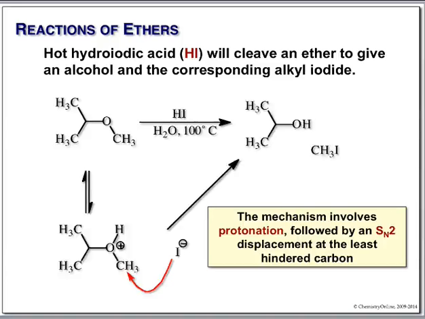So this here is just the opposite of the Williamson ether synthesis. All we're doing is splitting it open. Iodide is the one that works best because it is such a good nucleophile. And that is just about the only real reaction of ethers we're going to talk about. Isn't that refreshing?